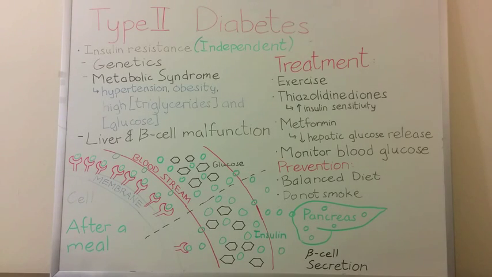Obesity can cause type 2 diabetes because complex fats are created in this case, which are not normally seen in the human body. Therefore, there is a reduction in their digestion. These fats are free to flow through the bloodstream and may cause atherosclerosis or hardening of the arteries. There can also be liver and beta cell malfunction.